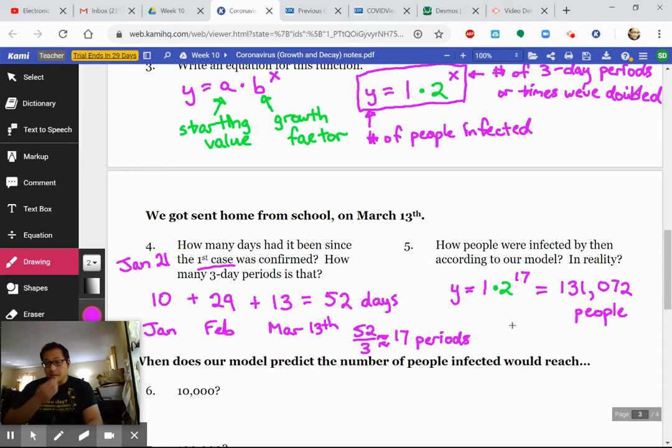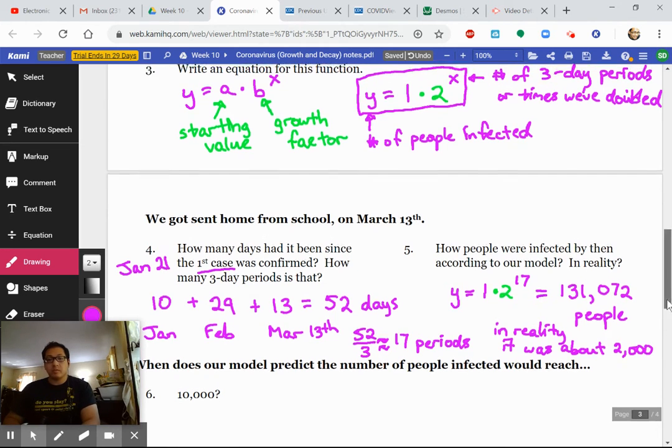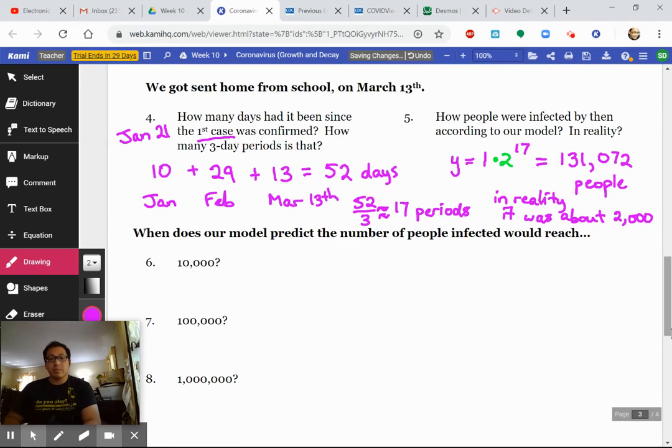In reality, it was far less than that. It was about 2,000. It was only about 2,000 people.